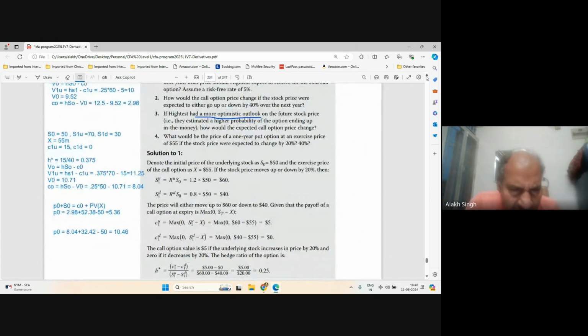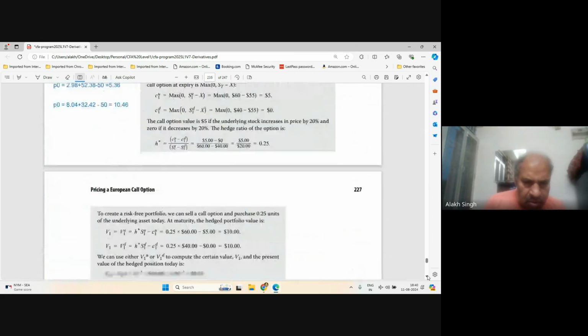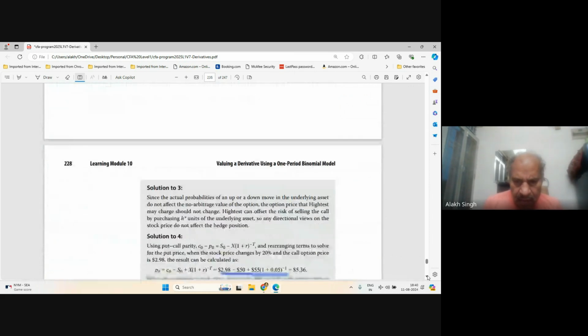So what would be the value of put? If it goes down, the exercise price is 55. So the put value will be 15, no? P1D means when the price goes down, then it will be 55 minus 40. And then discount that.